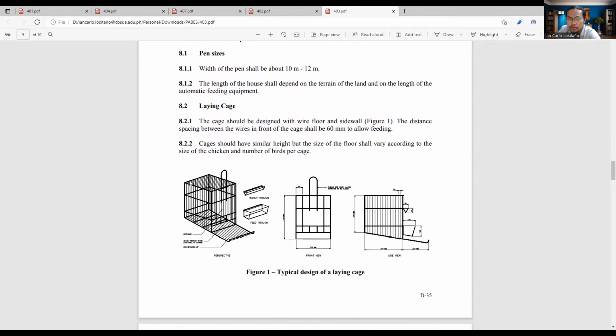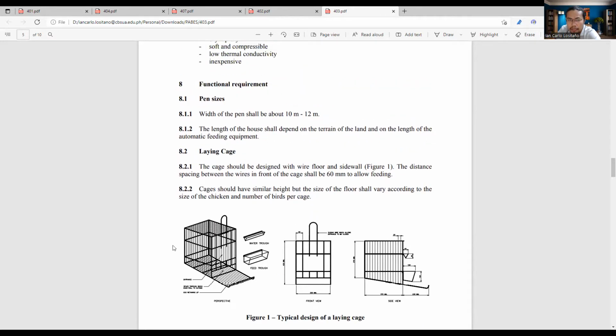For the functional requirements, this details the non-stationary equipment that has to be considered inside a structure or the building.